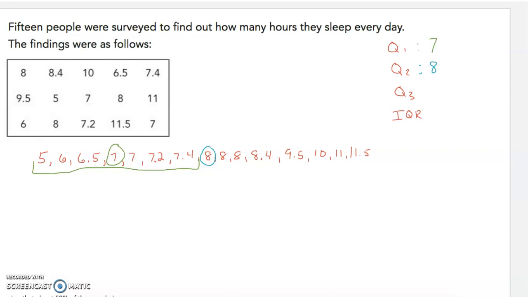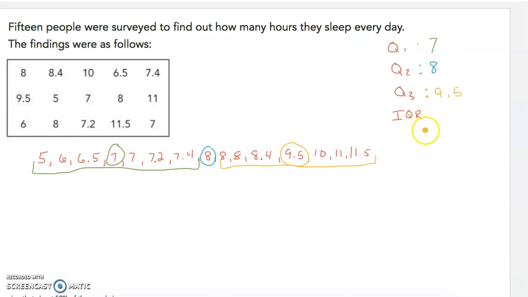Now Q3 is the median of the upper section of the data, and again we have 7 numbers up here, so we choose the one in the middle, and that's going to be 9.5. All right, so Q3 is 9.5.